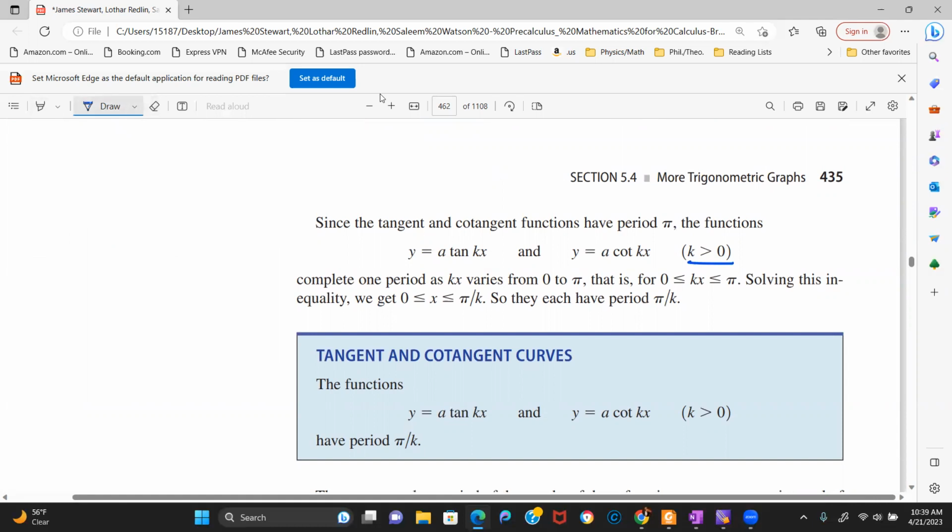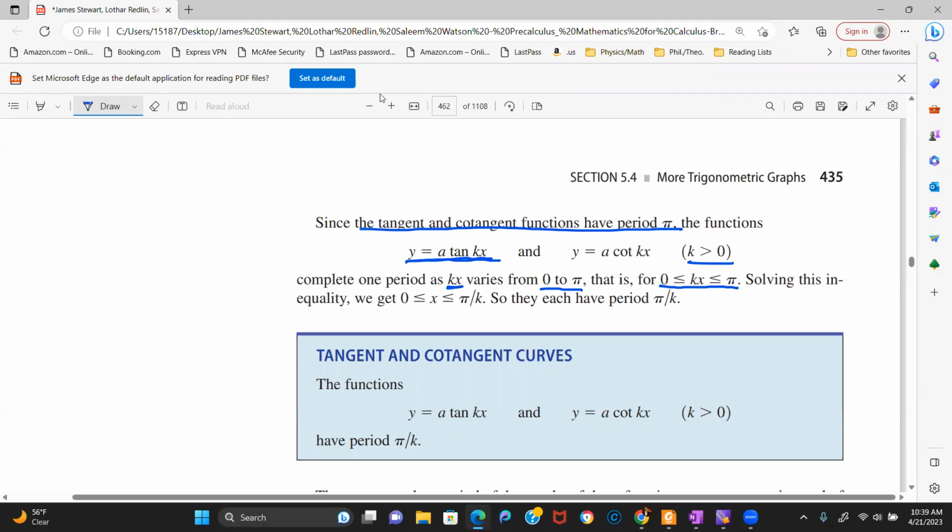But if I give you a general function like this with a tan kx, what is going to be the period? Well, we know that the period of tangent and cotangent is pi, it's just pi. Now, what that means is that to complete one period, kx needs to vary between 0 and pi. That is, the graph of this equation is going to complete one period and then repeat if kx is in this interval.